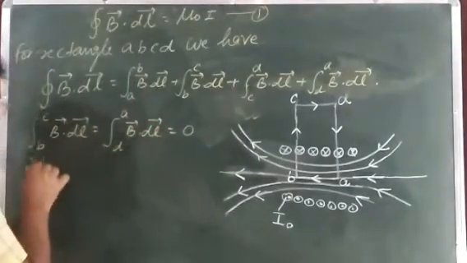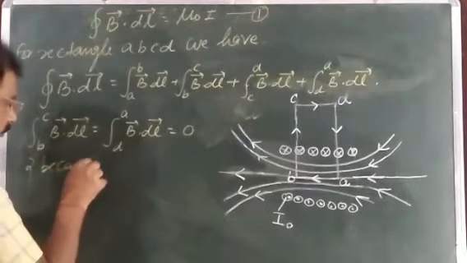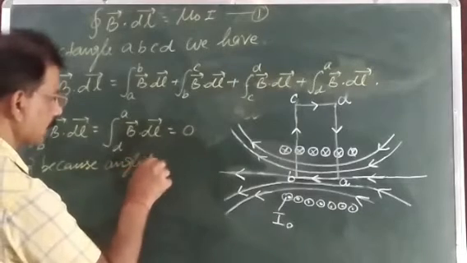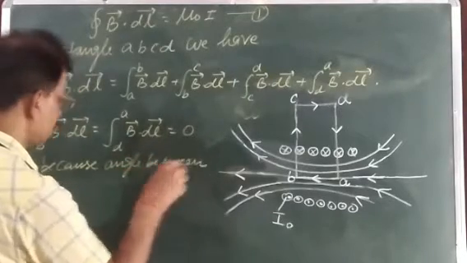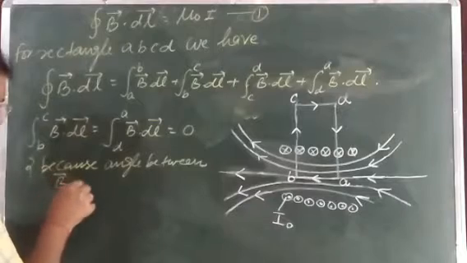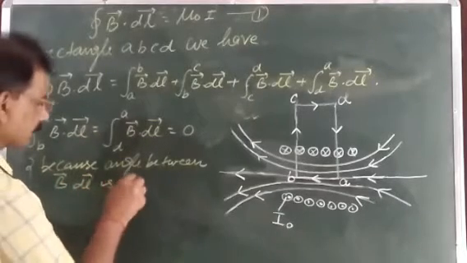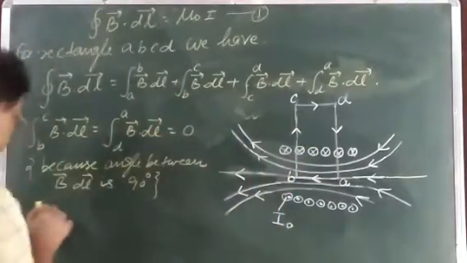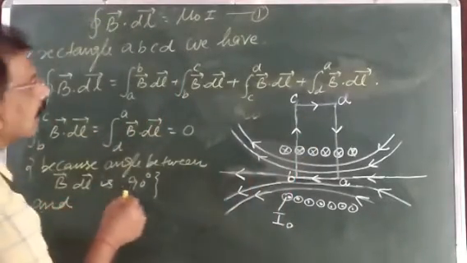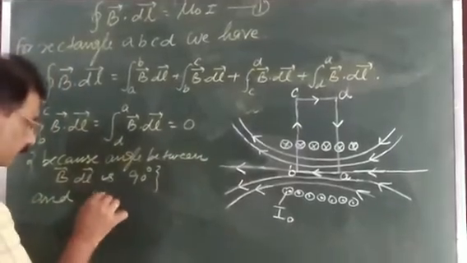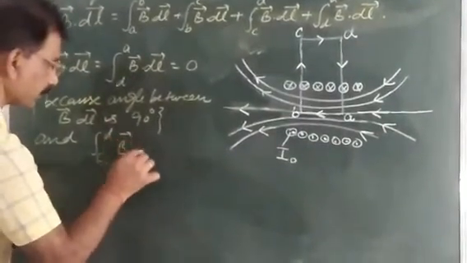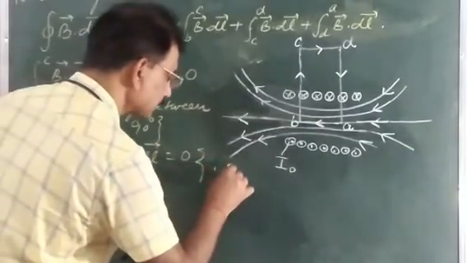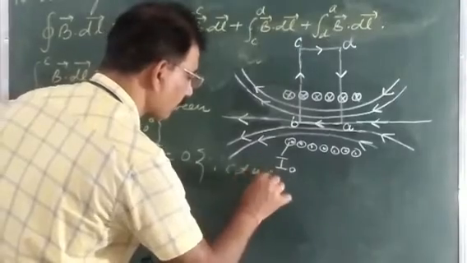Because the angle between vector B and dl is 90 degrees. And C to D vector B dot dl is equal to 0 here, since CD is far from the axis.